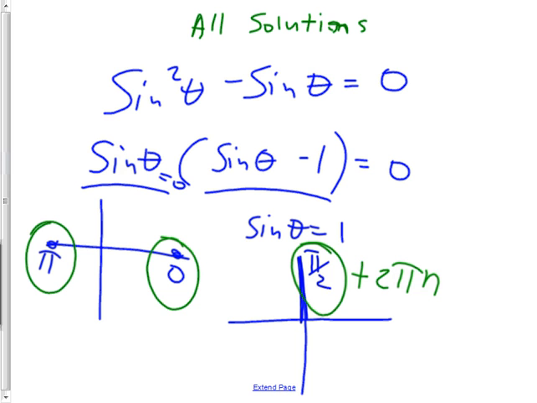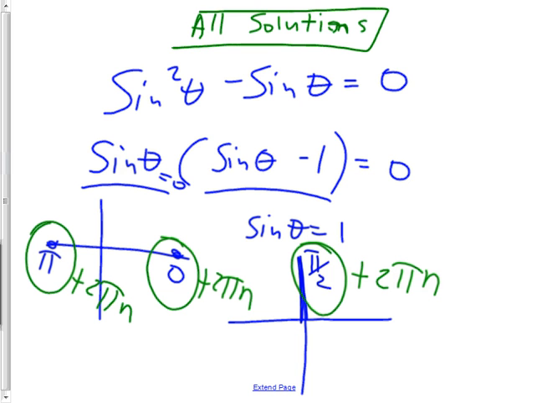Doesn't matter. N can be any number. In other words, you can add 2 pi times 1, or 2 pi times 2, or 2 pi times negative 1, or 2 pi times negative 2. But anyway, if you say plus 2 pi n on all your answers, you're showing that you know if you really want all solutions and there's no limits like between 0 and 2 pi, then you have to say plus 2 pi n on your answer.